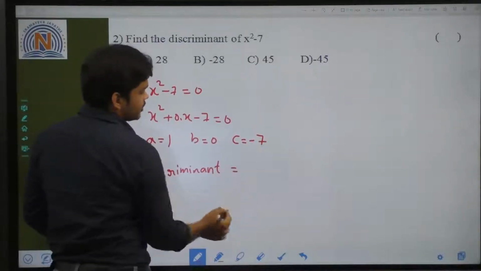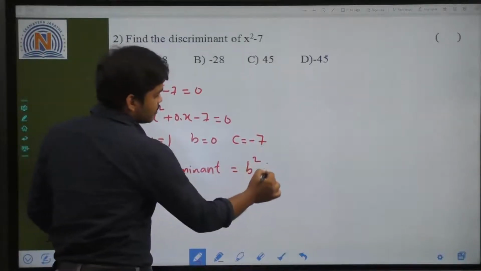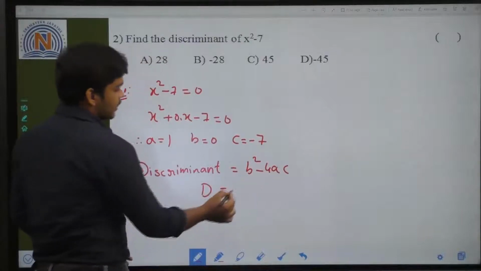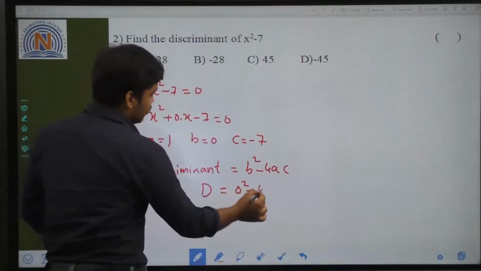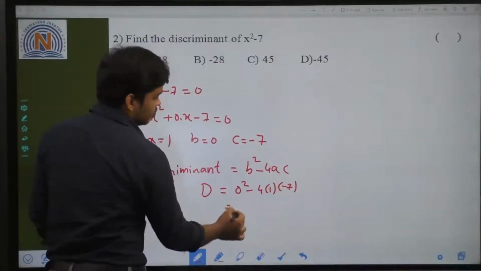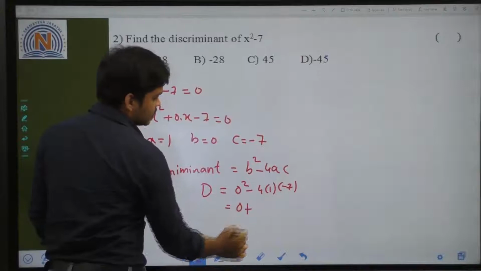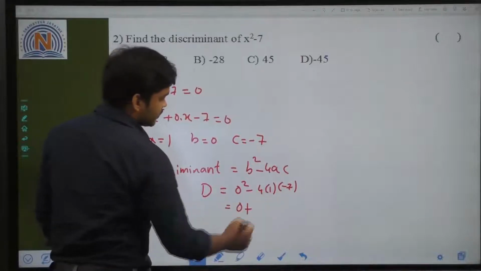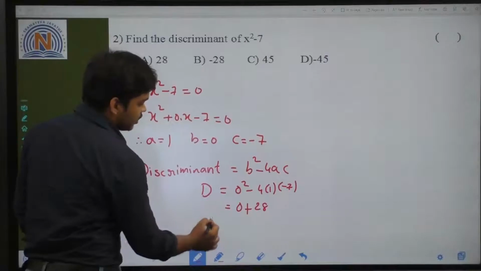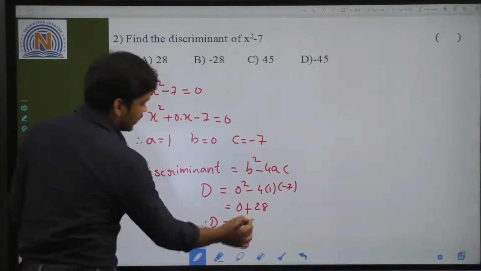Discriminant of the equation is b square minus 4ac. So d is equals to b square, that is 0 square, minus 4 into a value is 1 and c value is minus 7. So minus into minus is plus, 4 7s are 28. So now here the discriminant of the equation is 28.